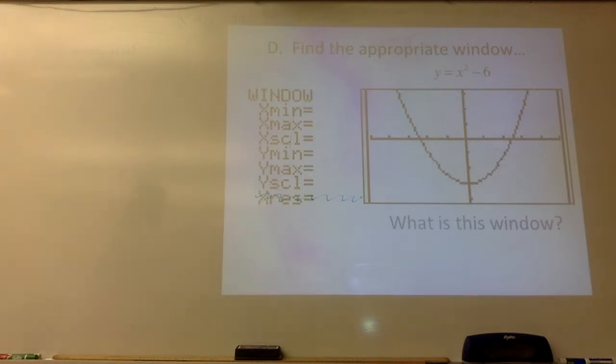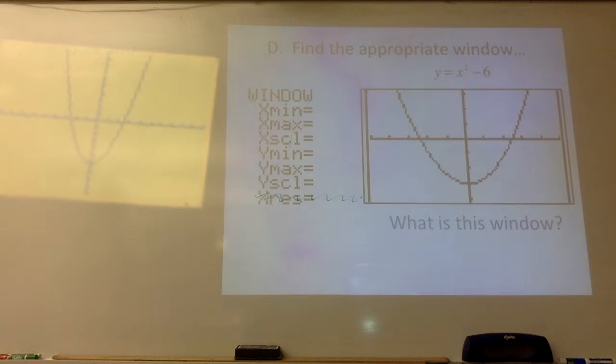Let's type in. Okay, let's turn this on. Let's bring this up. And let's actually type in the equation that was given to you. It's not a lot of fun. So x squared. I have here x squared minus 6. I know you can't see it. I'm going to fix that in a second.